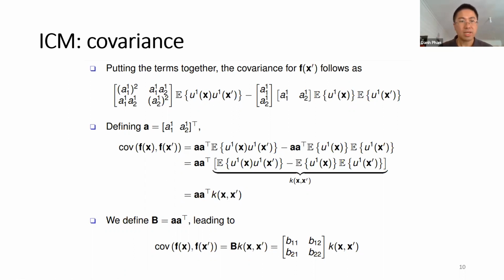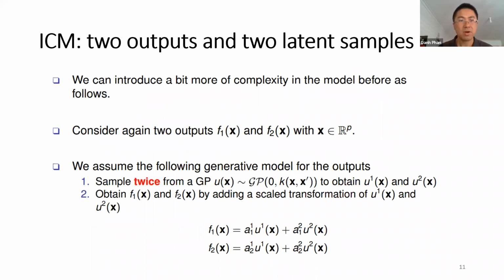So let's generalize the ICM a little bit more if we have two latent samples. So here we have two outputs, but we have two latent samples. Here we also assume that these two latent samples form the same underlying Gaussian process with kernel K. And from that Gaussian process here, we obtain two samples, U1X and U2X.